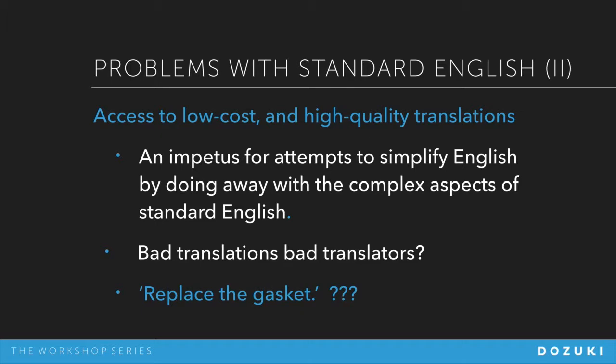We need an ever increasing number of translations, and they are, as such, very definitely very expensive. So translation cost is a very important impetus for attempts to standardize, simplify the English language as the source for translation.